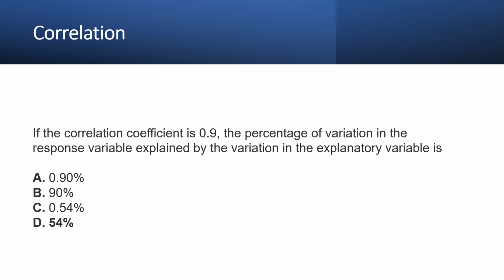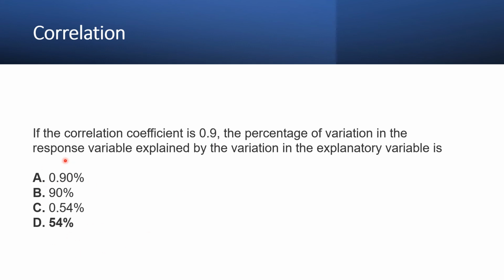If the correlation coefficient is 0.9, what is the percentage of variation in the response variable explained by the variation in the explanatory variable? When you have the correlation coefficient, in order to understand the influence of the x variable on the y variable, we have to square the correlation coefficient r, right? That is r square. 0.9, when you square, it becomes 81.